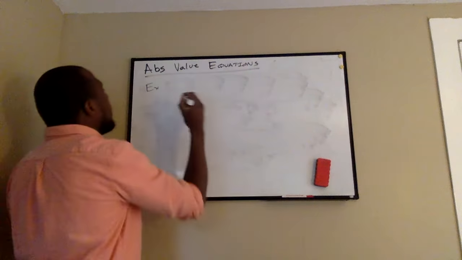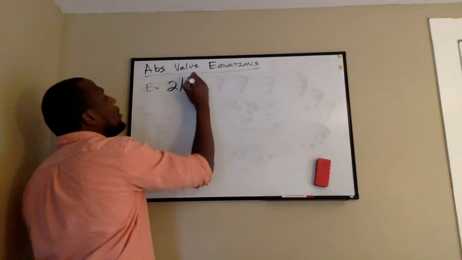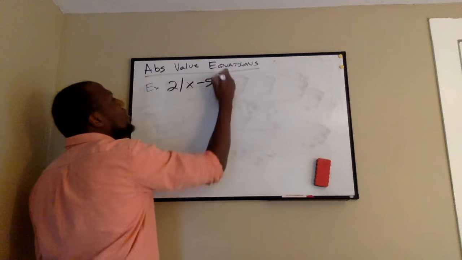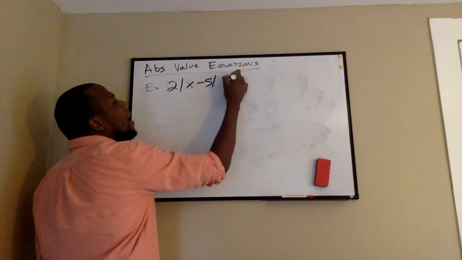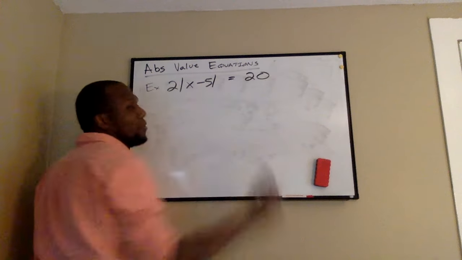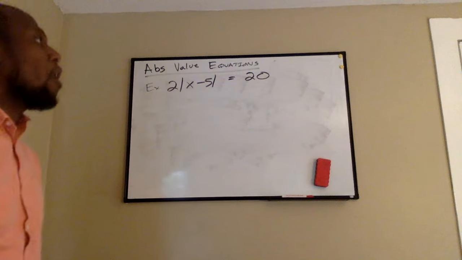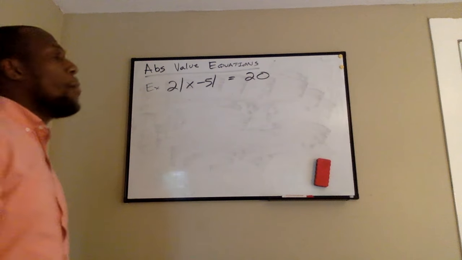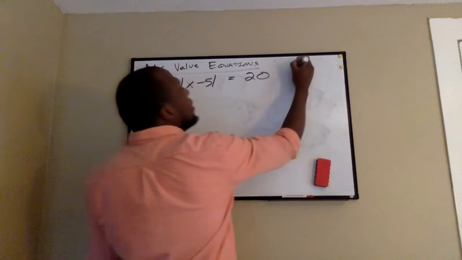Okay, last example, a little more juice to it. Let's say we have 2 times the absolute value of x minus 5 is equal to 20. We want to make sure we get that grouping by itself.